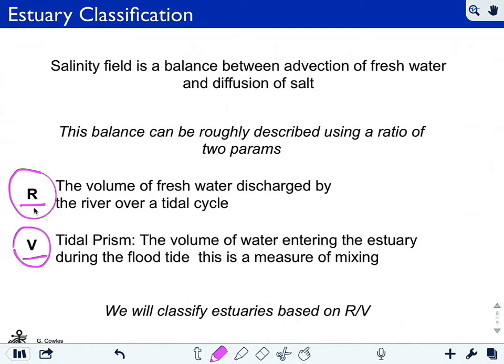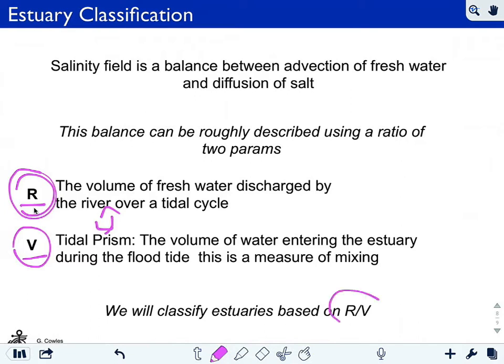And then you will have greater turnover and therefore a smaller time scale of flushing of the estuary. So these two things are basically fighting each other. A greater volume of freshwater discharge means you have a lot more fresh water, and that is going to inhibit mixing by maintaining the stratification, whereas the tidal prism will accentuate the mixing.